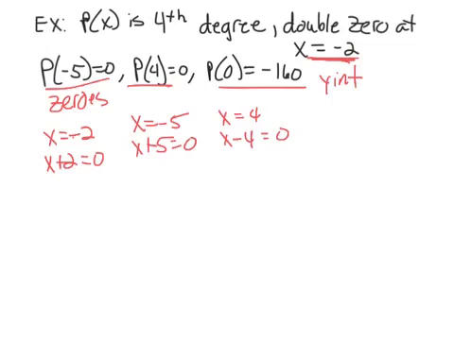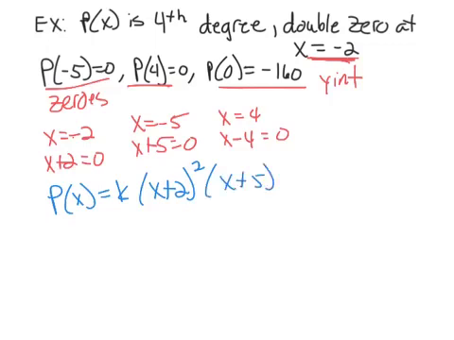So I have 3 factors and one of them is double. If I'm going to start to put this thing together, I have p of x is equal to k times x plus 2, we said that was a double root, times x plus 5 and x minus 4. So if we double check, we have 1, 2, 3, 4. It's a 4th degree, so I have all my roots represented.